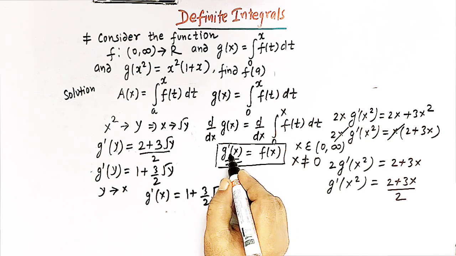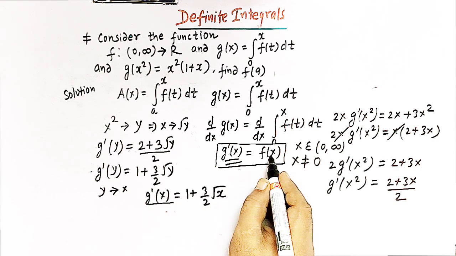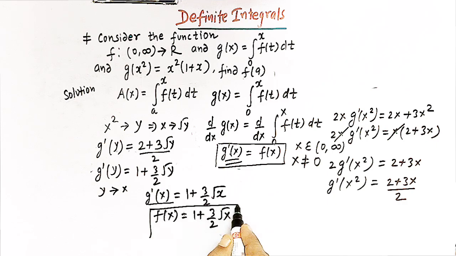Now g prime of x is equal to f of x, so replacing g prime of x by f of x, we can write f of x is equal to 1 plus 3 over 2 times square root of x. So this is our function f of x.